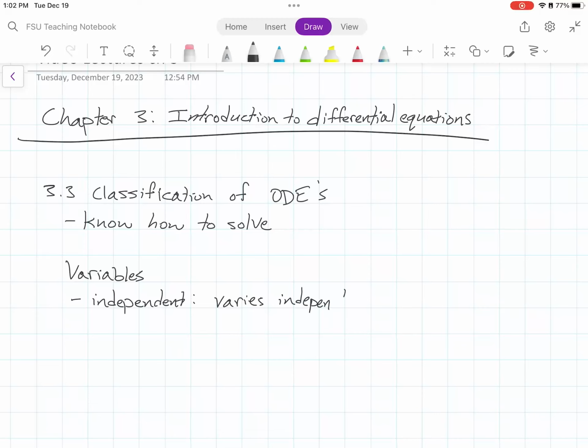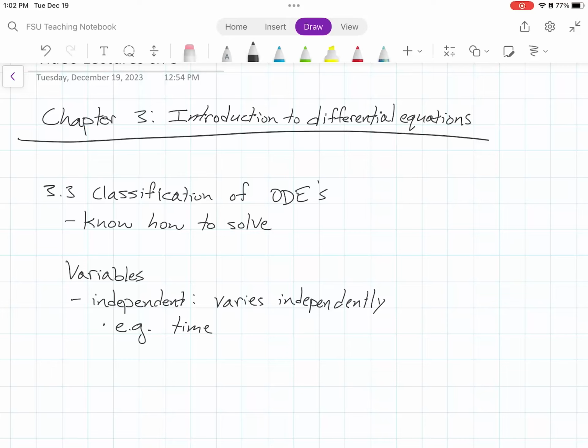A good example might be time. Time continues forward. It doesn't care for most intents and purposes where we are or how fast we're going, until you get into some special cases. Time is going to continue forward at the same speed that it's always been continuing forward.